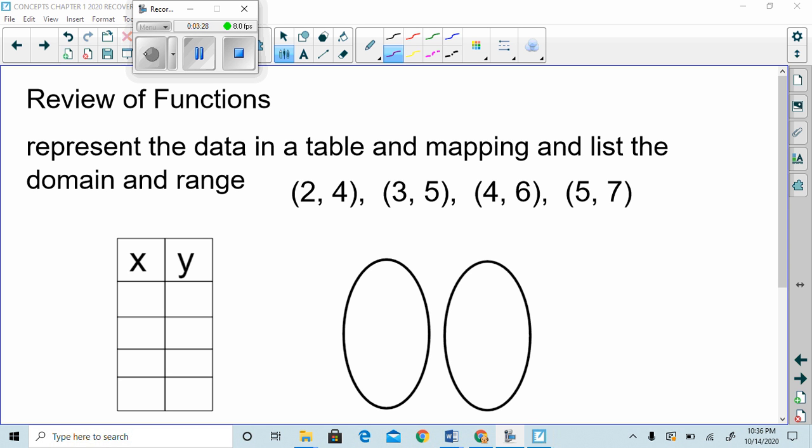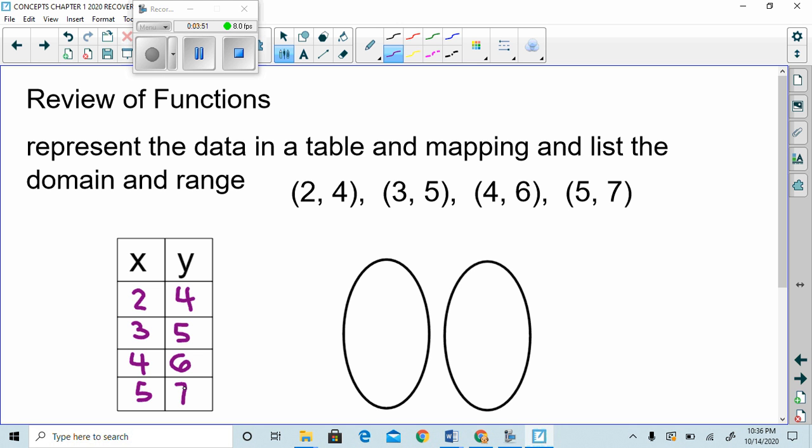So looking at this set of data, again, I'm going to first represent it in a table, the X values and the Y values, the input and the output, the domain and the range.